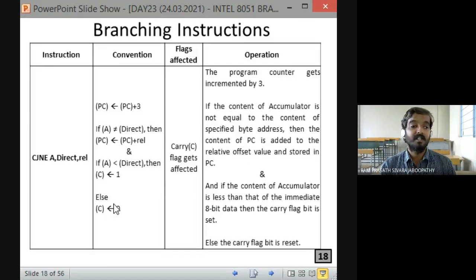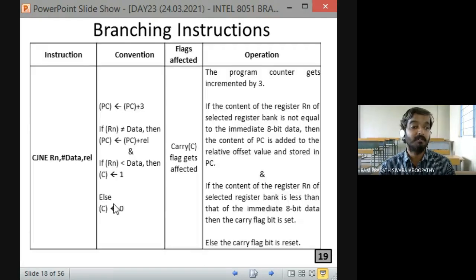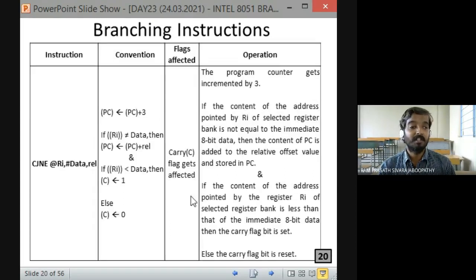So here the comparison is between the accumulator and immediate data. In the next instruction, it is between the accumulator and the RAM memory content. In the next instruction, it is a register content with immediate data. In the next instruction, a register points to a RAM memory location indirectly, which is compared with the immediate data. That's all. The parameters being compared change, but the operation of the instruction remains the same.